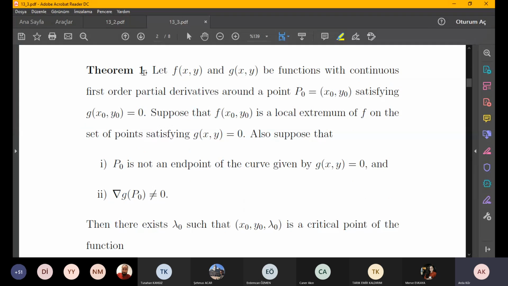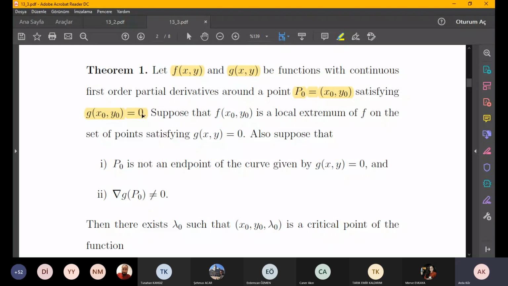If f and g are 2 variable functions with continuous first partial derivatives around the point (x0, y0), satisfying g(x0, y0) equals 0, so this will be the constraint.